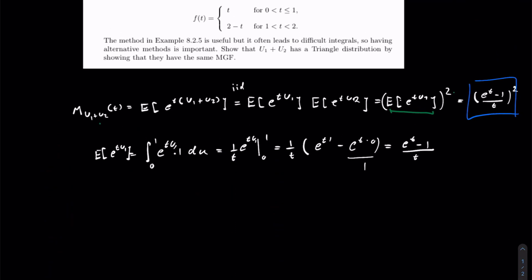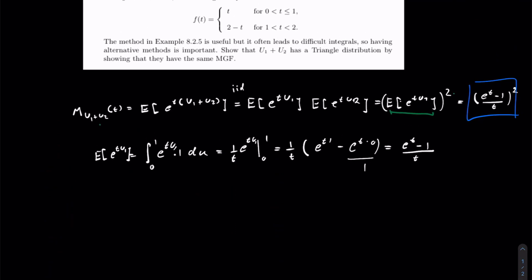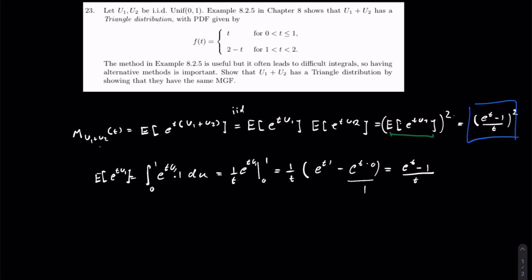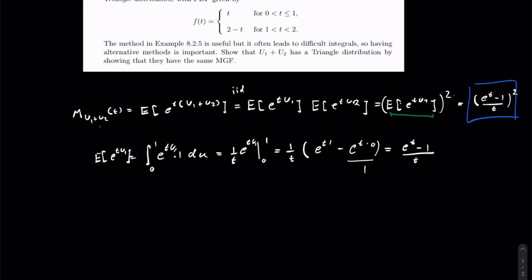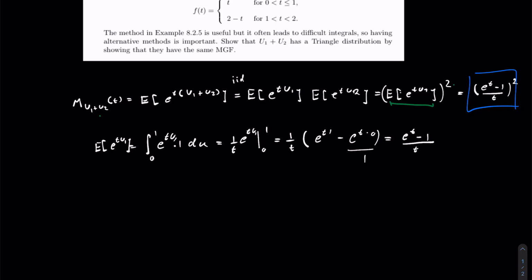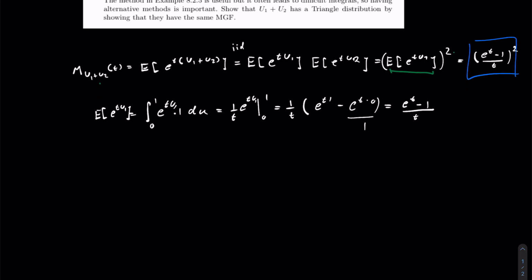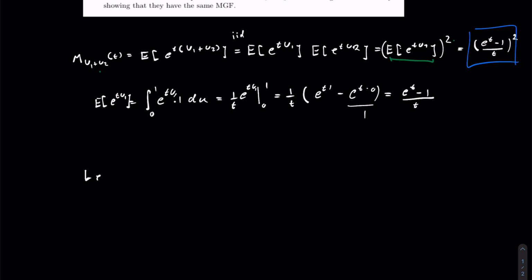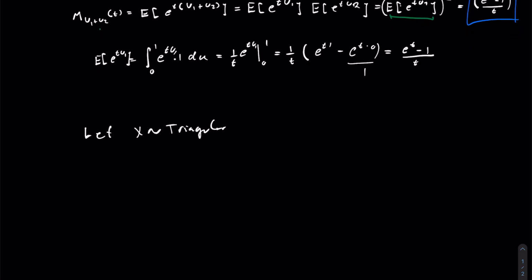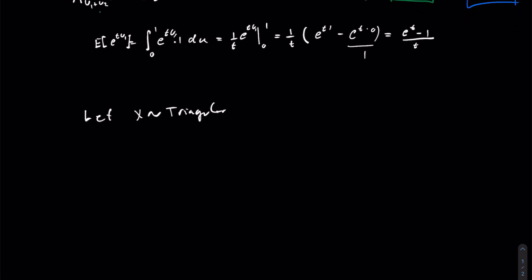So the second part of this is to show that the triangular distribution equals, as I said, U1 plus U2. So here we just let X be triangular distributed, and then we calculate its MGF.